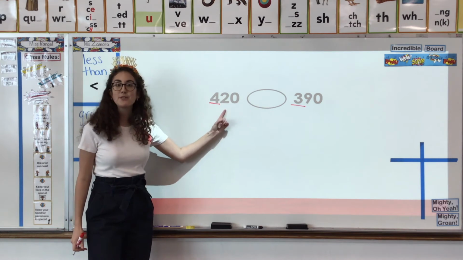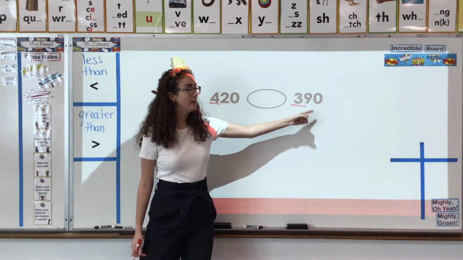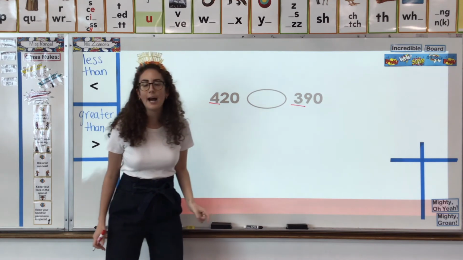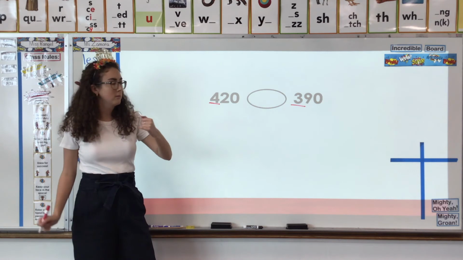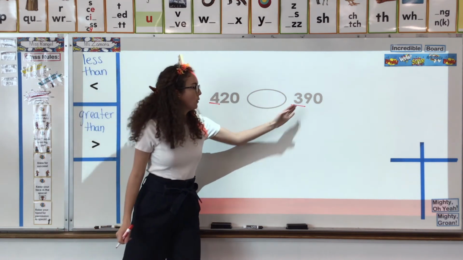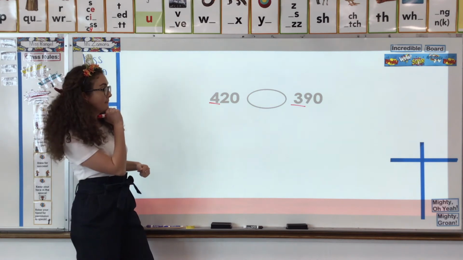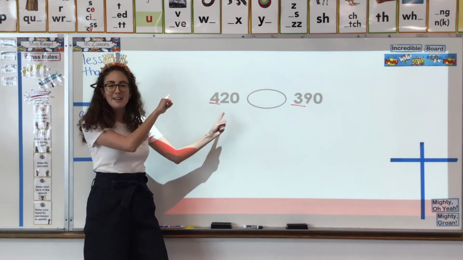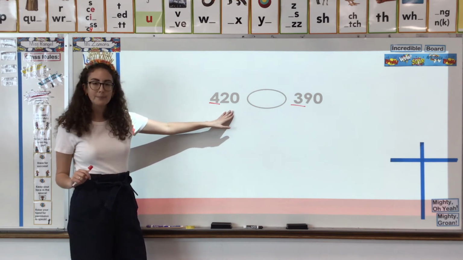420 has 4 hundreds, but 390 has 3 hundreds exactly. And what has more value? 4 hundreds or 3 hundreds? What's bigger? 400s. 420 is the bigger number.